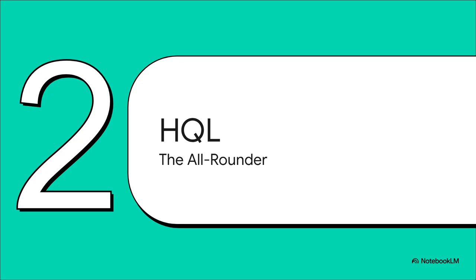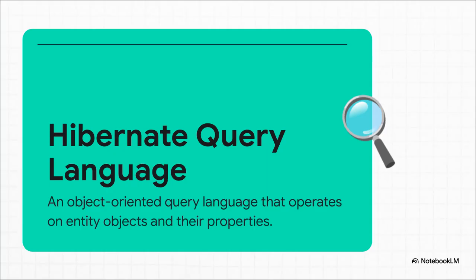Now, if native SQL is the specialized power tool, then HQL, or Hibernate Query Language, is your versatile, all-around screwdriver. This is the one you're going to find yourself using for most of your day-to-day tasks. Now, HQL represents a major shift in how you think. Instead of writing queries against database tables and columns, you write them against your Java objects, your entities, and their properties.